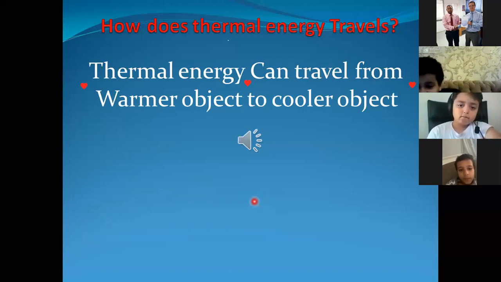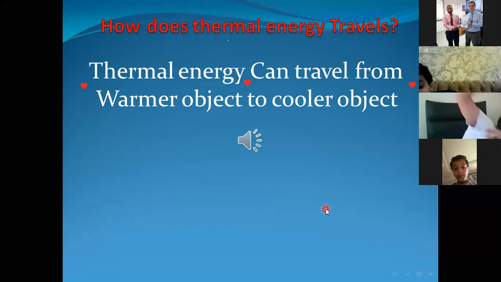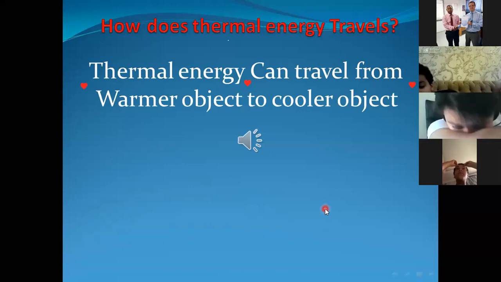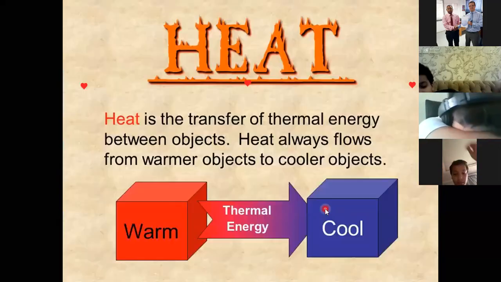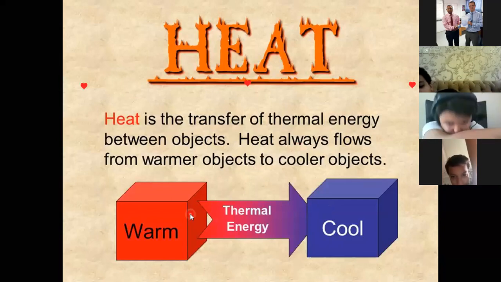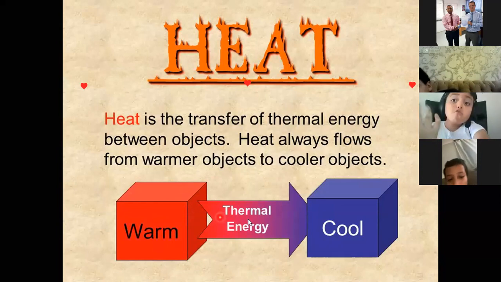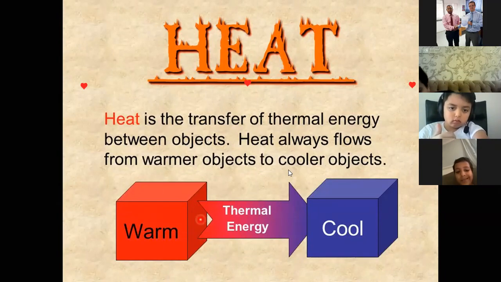So thermal energy can travel from a warmer object to what? Cooler object. Yes. From warmer object to cooler object. As you see here in this slide, the red box is the warm object, so thermal energy will move from here to there, from the warmer object to the cooler object.